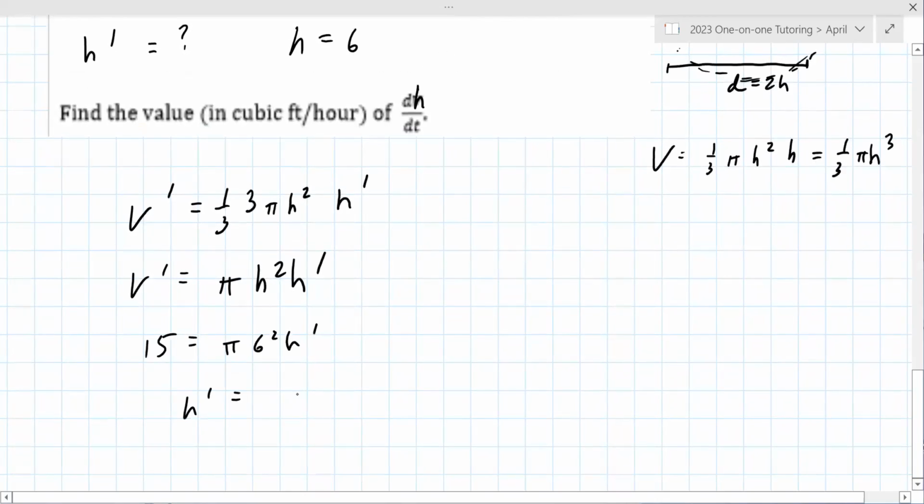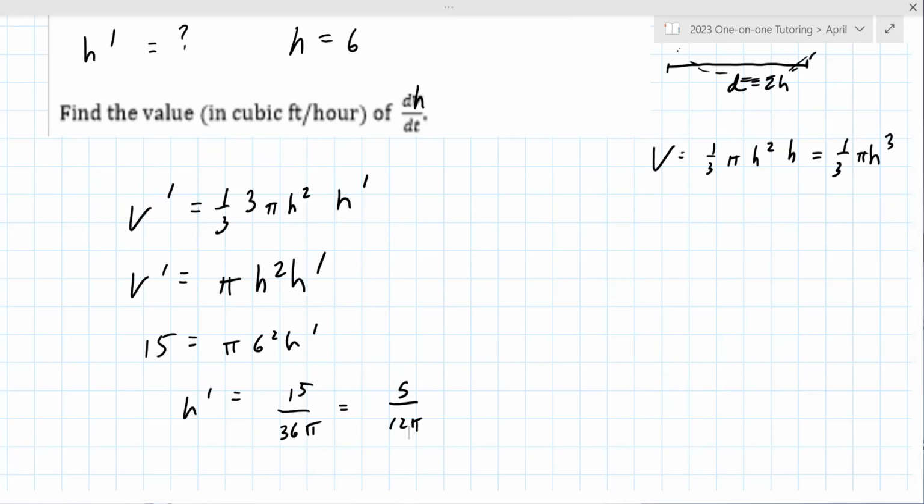So H prime is 15 over 36 pi, which divided by 3 is 5 over 12 pi. Now the question is, is that going to be in the options, or as a decimal? We've got to go take a look here. That option's not there. Let's also use a calculator and see if that one is there.